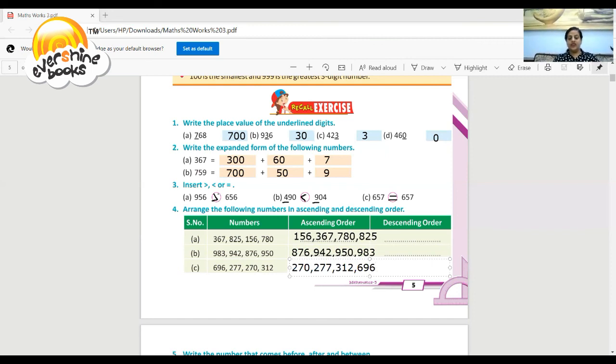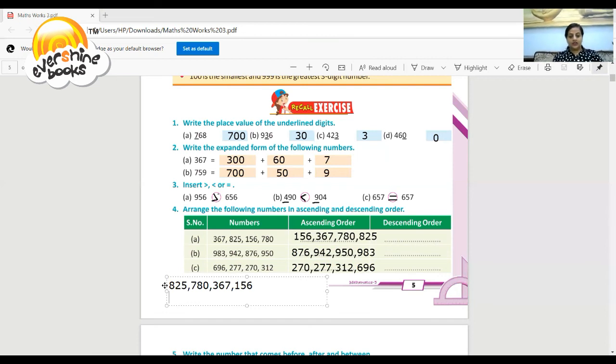So this is the way to do ascending order. Now for descending order, I am writing the answer here. See here, descending order. Just write 825 first, then 780, then 367, then 156, like this.